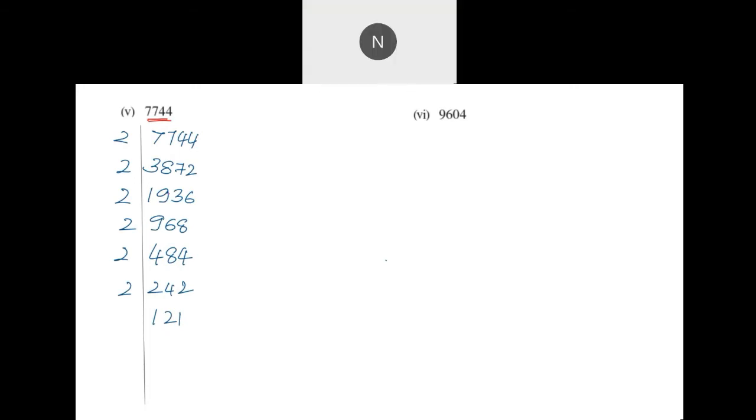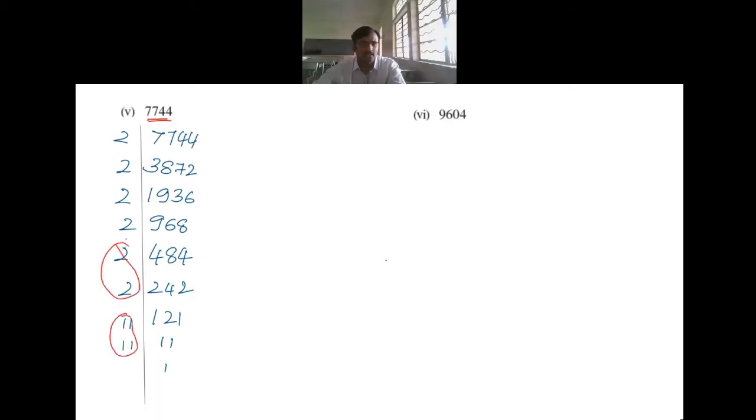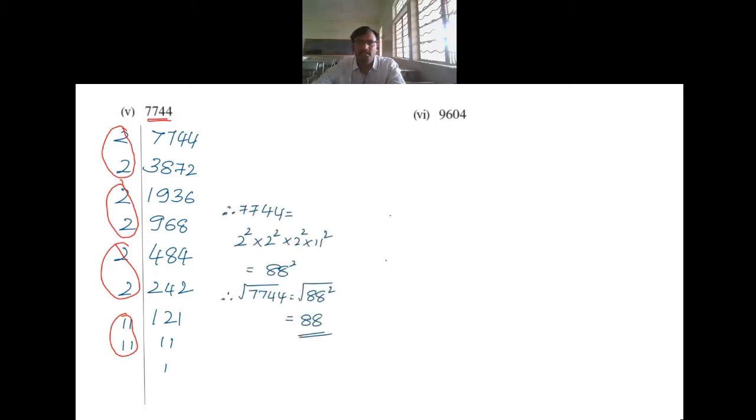It is divisible by 11, 11 times, 11 once. Here we have a pair with 11 and the remaining are a pair with 2. So 88 square. Very good. So the root is 88.